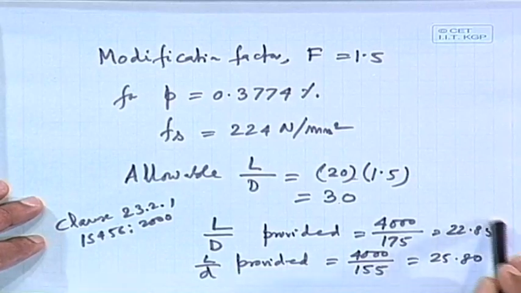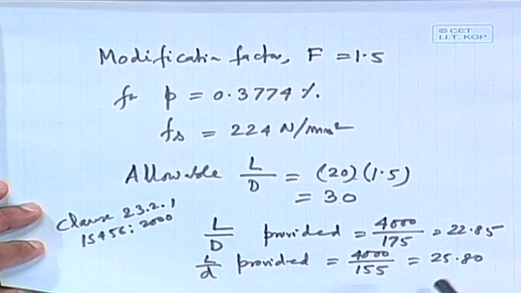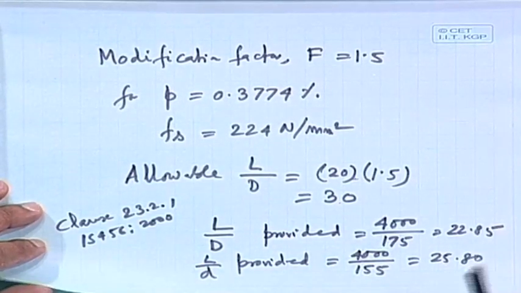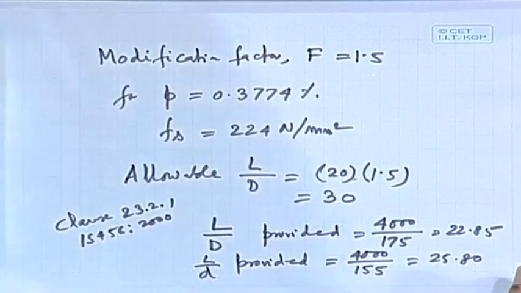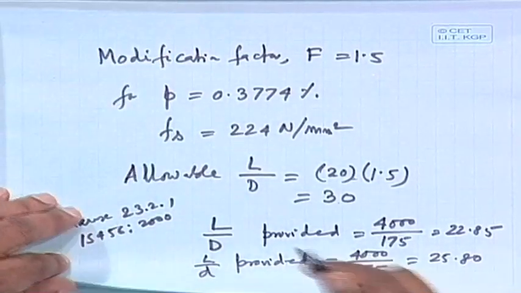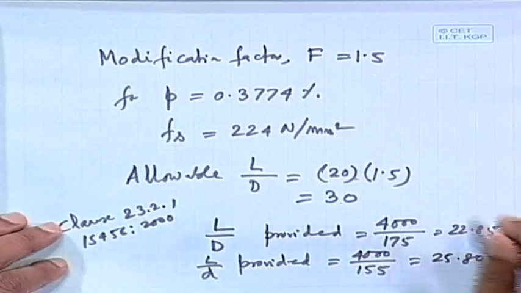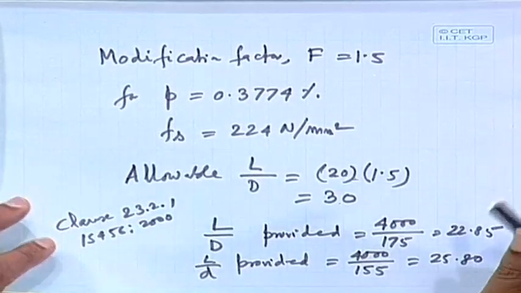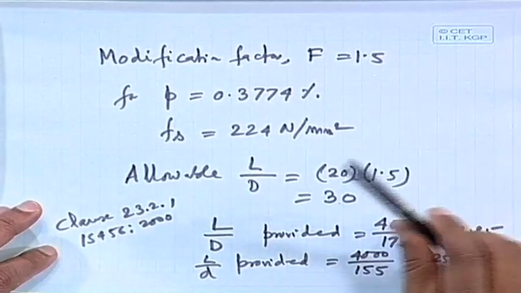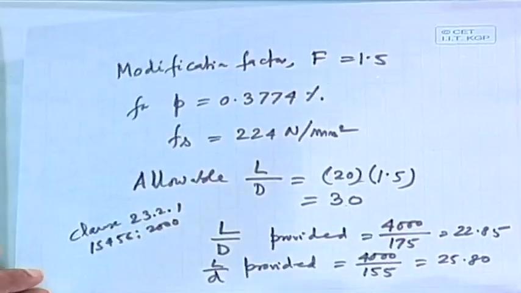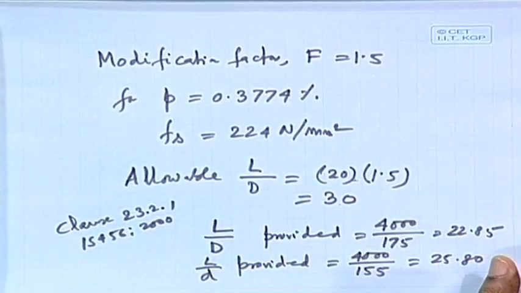We shall find that this one will be within this limit, it will be all right. But a conservative designer will again recalculate. But in most of the cases we have found that 150 millimeter could be the safer one for this case. Okay.